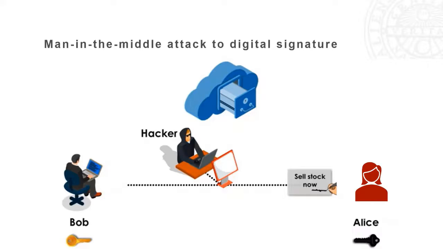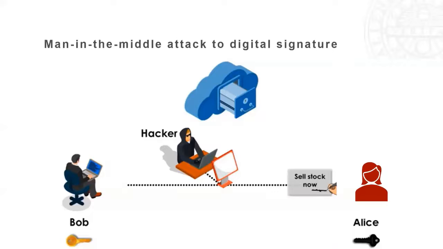So there is an attack that is possible for digital signatures. So we saw that when Alice wants to receive messages, she has to generate two keys and put the public key somewhere that everyone can access. Imagine the public key is here. So Bob, of course, who wants to send a message can have access to the key, but a hacker can also have access to the key himself.